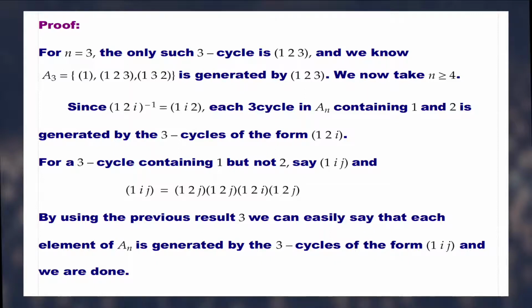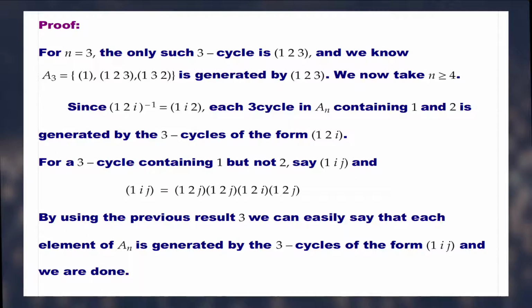We now take n greater than or equal to 4. Since (1 2 i) to the power minus 1 is equal to (1 i 2), each 3-cycle in A_n containing 1 and 2 is generated by the 3-cycles of the form (1 2 i).